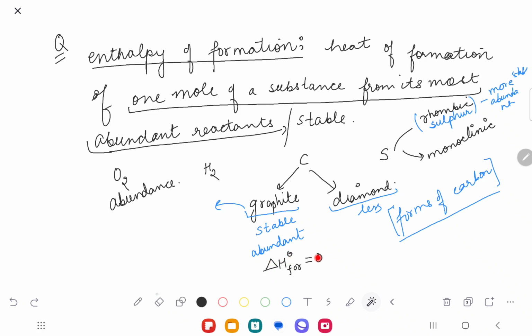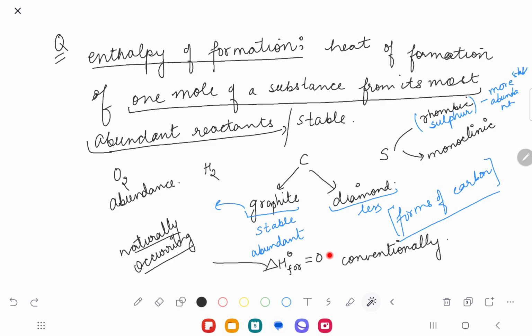So conventionally, and this is just a convention, I do not know whether the formation is exothermic or endothermic, so I will take that heat of formation to be zero for all naturally occurring, more stable substances. Do you understand my point?